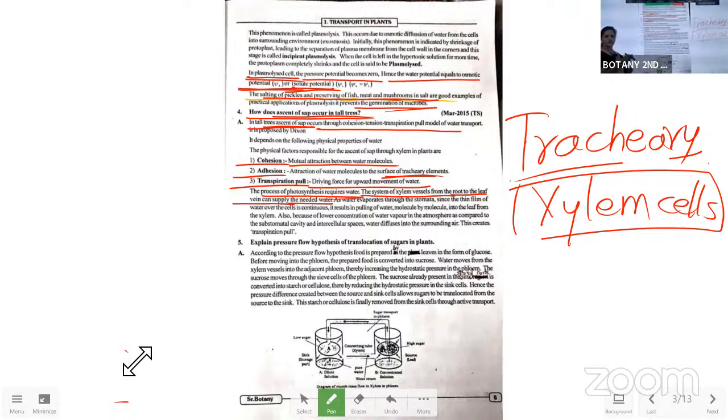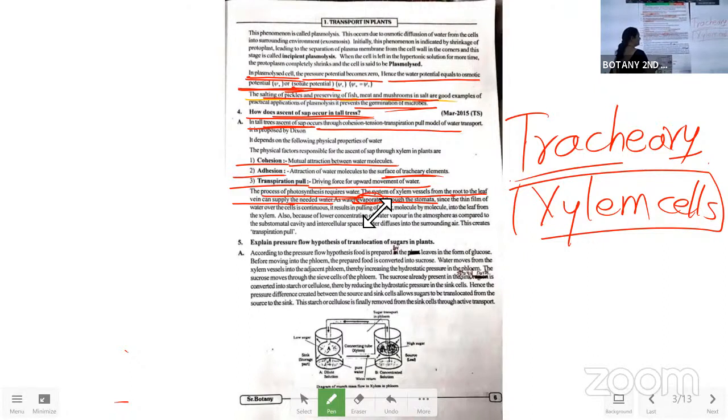Just now what I said, everything we need to write. Now why are the water molecules moving to the leaf? Because water evaporates through the stomata, not evaporate. It's transpiration. Here the blunder came.